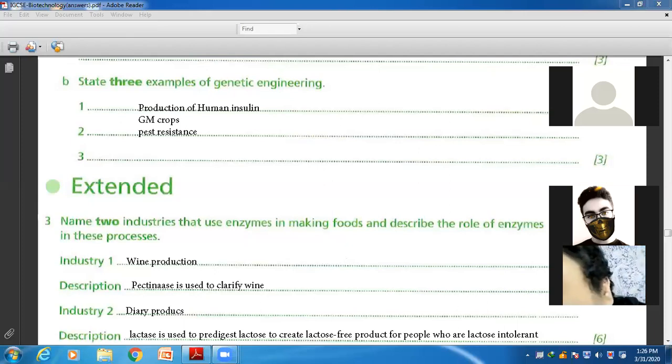What is the difference between endonuclease and exonuclease? Another question is, what is pectin?